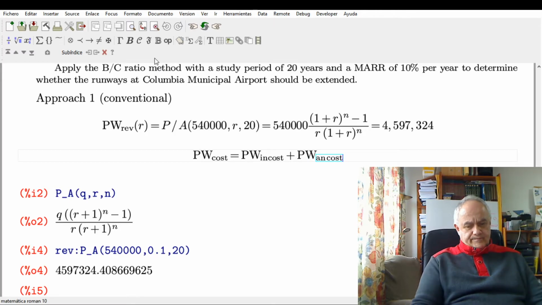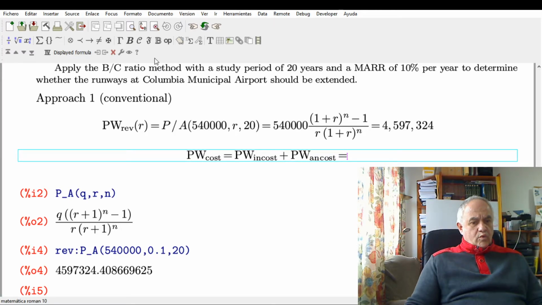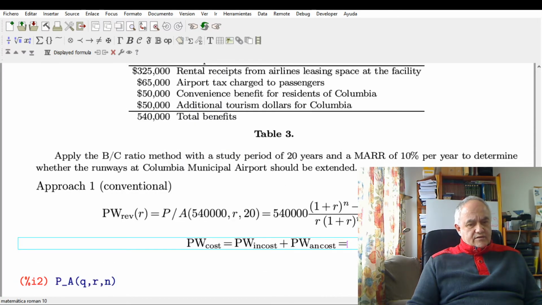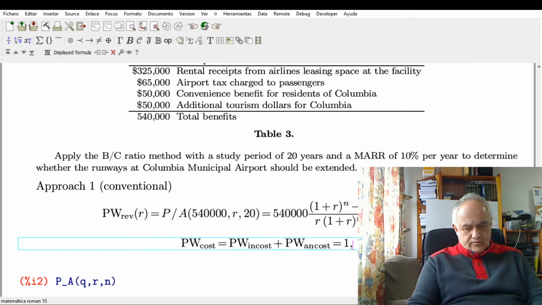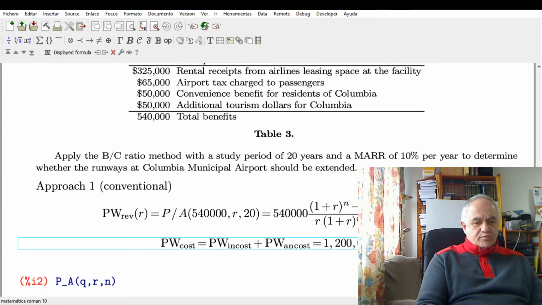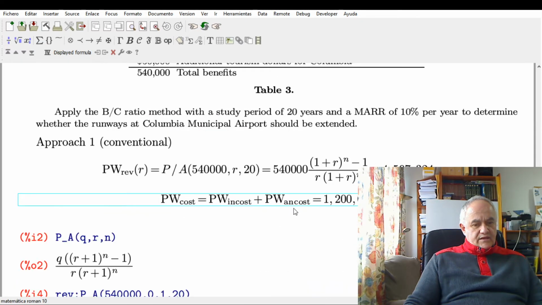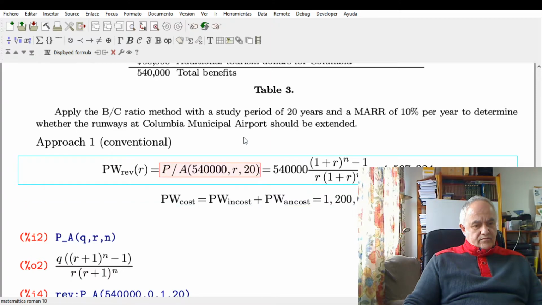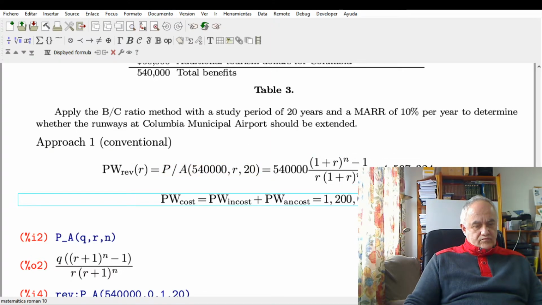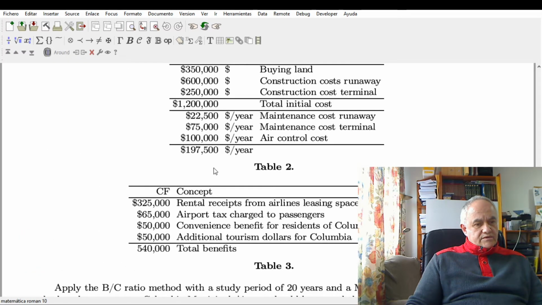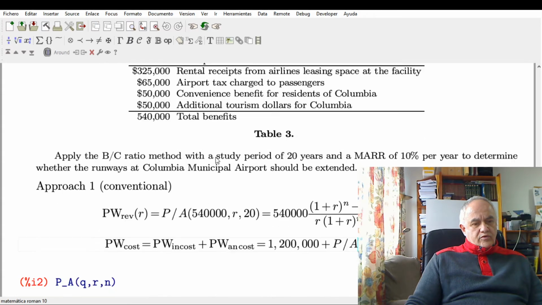Okay, what's the present worth of the initial cost? Okay, we know directly, we can just add 1,000. And what's the present worth of the annual cost? Again, the annuity of, and the amount is calculated here, 1,975.